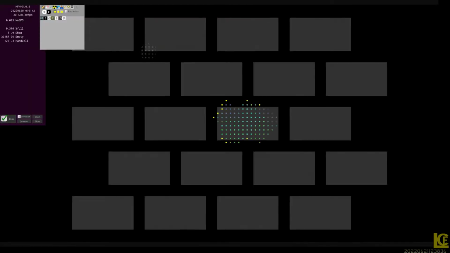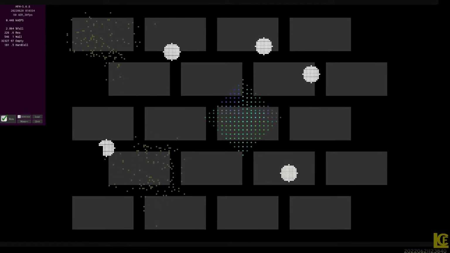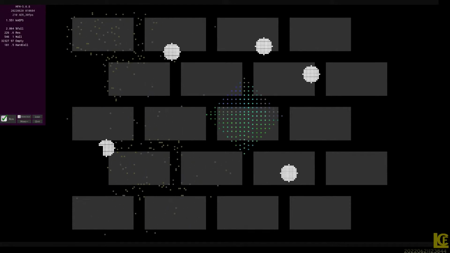I've got another one. Let's take a look at this one, where I throw in some res as well as some obstacles, and its behavior changes quite a bit. But overall the same.